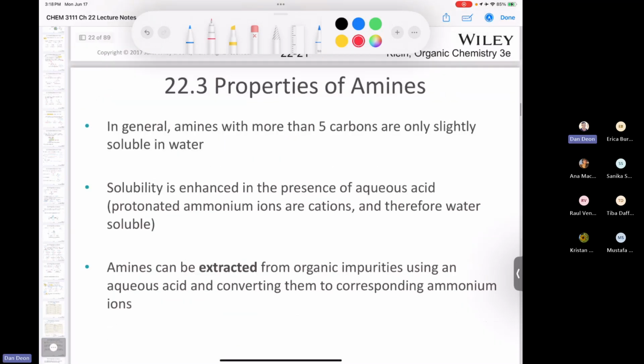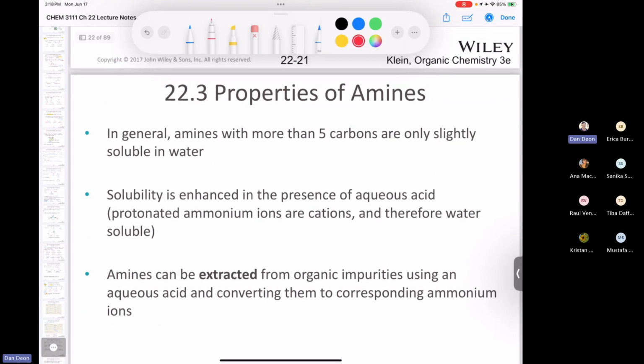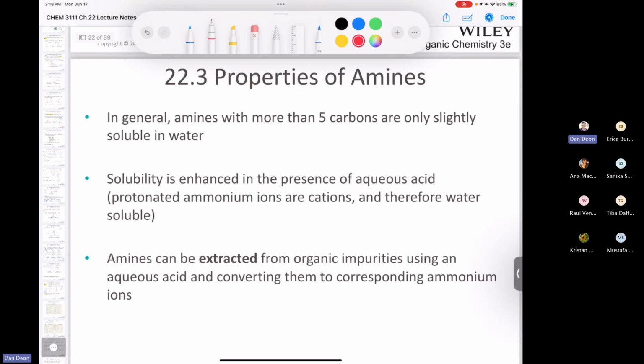All right. So other properties of amines. It says here, if you have an amine with more than 5 carbons, it's only going to be slightly soluble in water. If you have an amine with less than 5 carbons, generally speaking, it's going to be soluble in water. But you can enhance the solubility of an amine by protonating it. Let's say you have something like this.